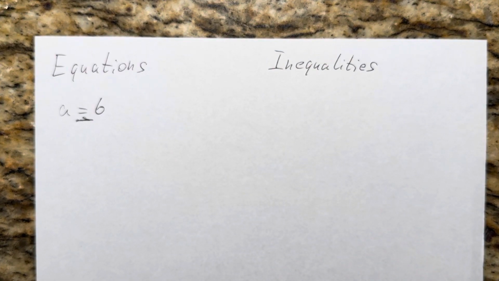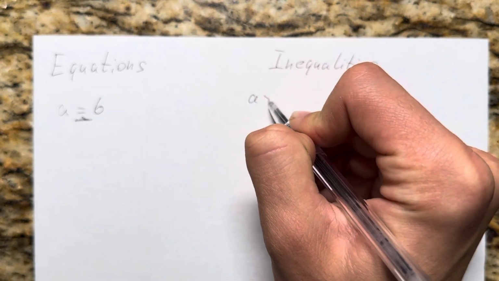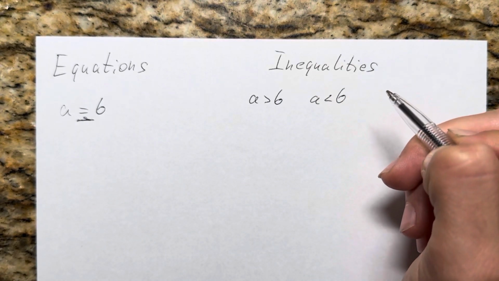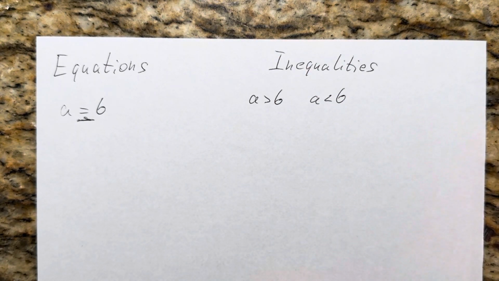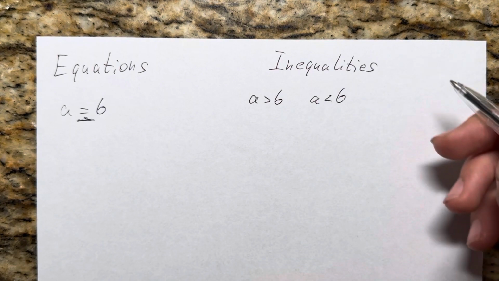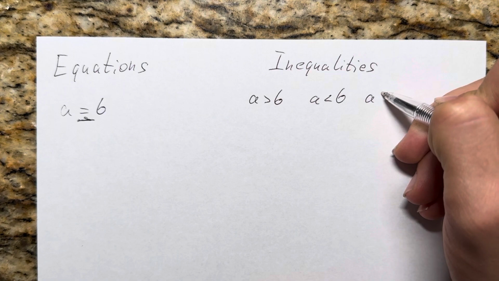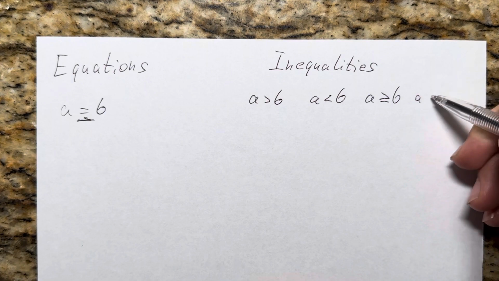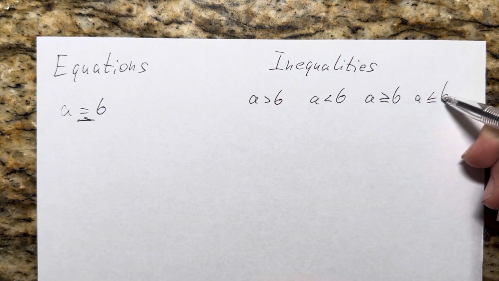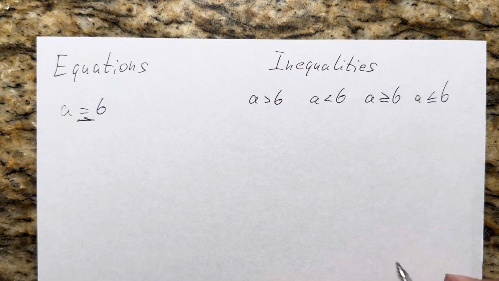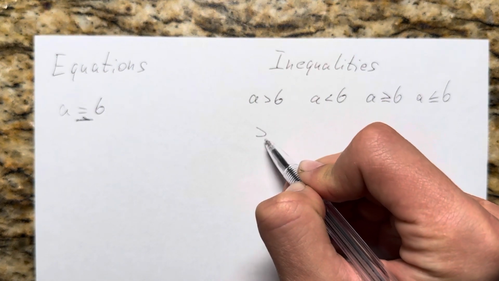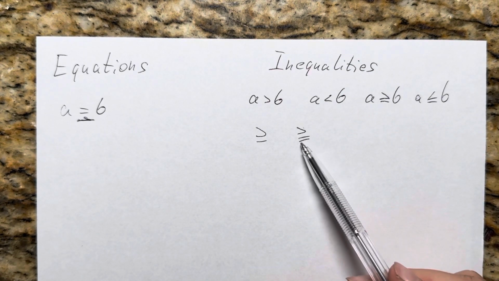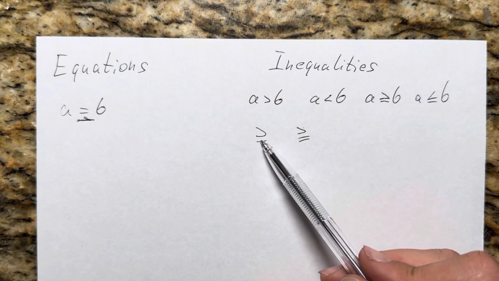It may be more than, like number A may be more than number B, or number A may be less than number B. Also, there is a type of inequality when number A is greater than or equal to number B, and also number A is less than or equal to number B. So basically this greater than or equal is the same as this. See, like greater than or equal. So we just write this to make it easier.